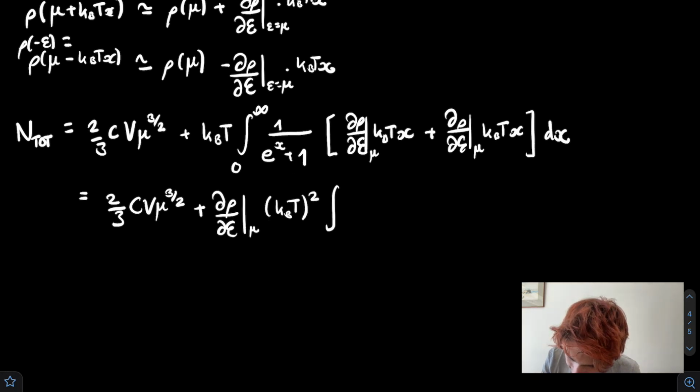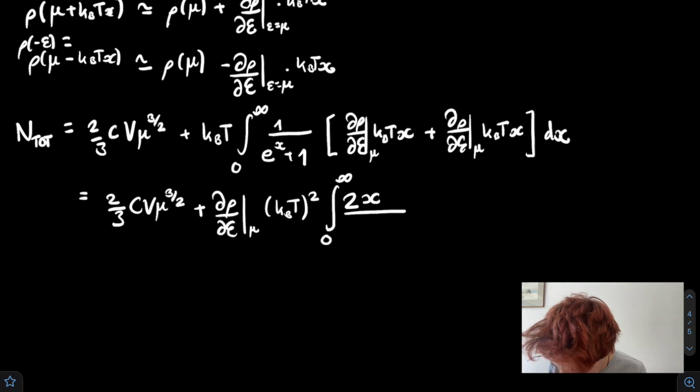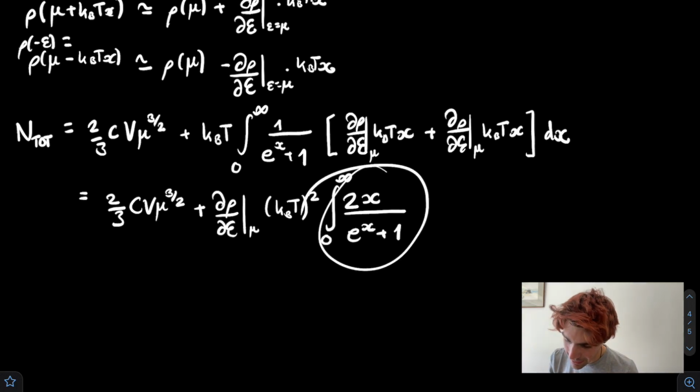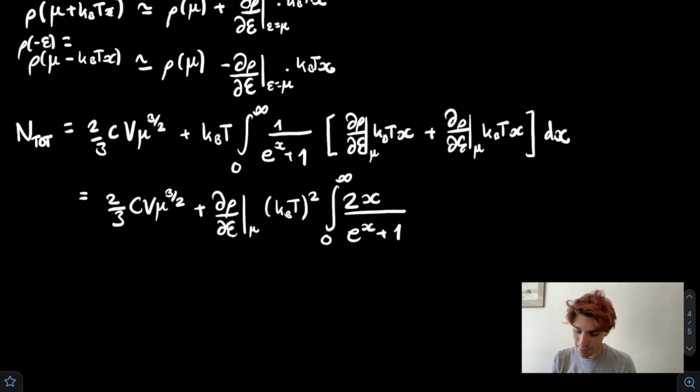We're going to get an integral between 0 and infinity, and what's left? Well, we've got our x term, which is common to both, and it's being added, so it's going to be 2x divided by e to the x plus 1. All of this is just inside the integral. It's just a number. There is nothing physical going on whatsoever in this integral.